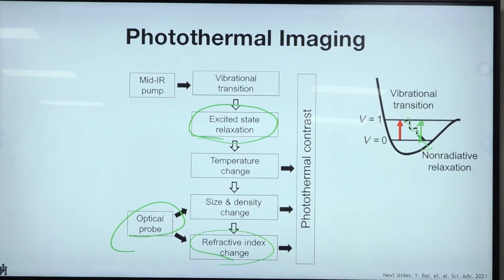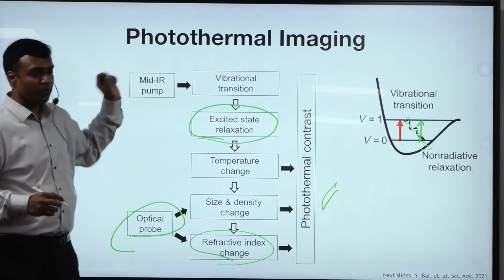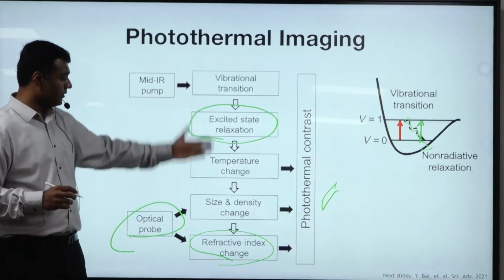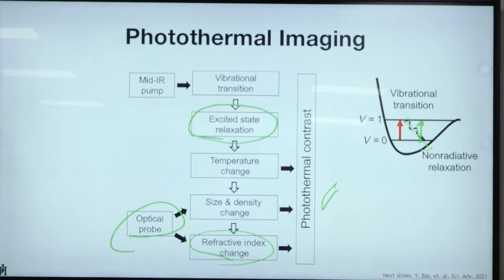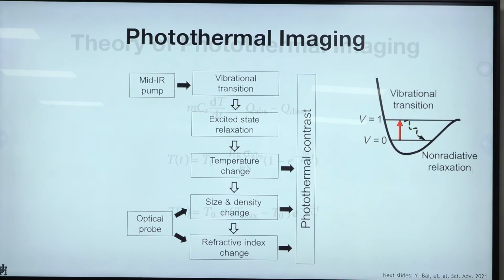This gives you photothermal contrast. If there is a lot of absorption of mid-infrared at one wavelength, you have a lot of change. If there is less absorption, there is less change, and therefore the signal is proportional to the absorbance at any given spectral location. That's the basic idea.